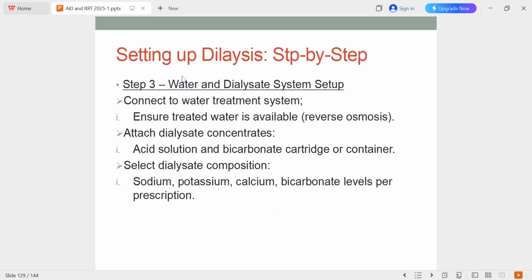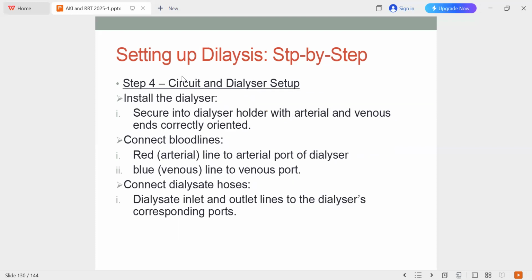Ensure that treated water from your reverse osmosis is available, and you attach your dialysate concentrates, those jerry cans of solutions we saw earlier on, containing acid solution of bicarbonate cartridge or container. So select your dialysate composition, how much sodium and potassium you need as per the prescription.